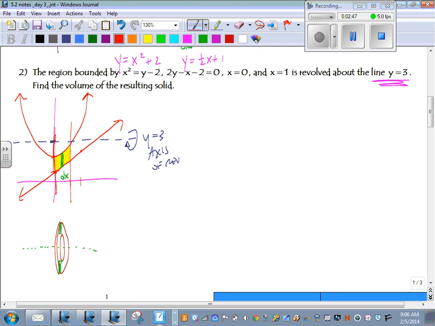Alright, so thing to remember with these problems is the little radius is always going to be the distance between the axis of revolution and the closest function.